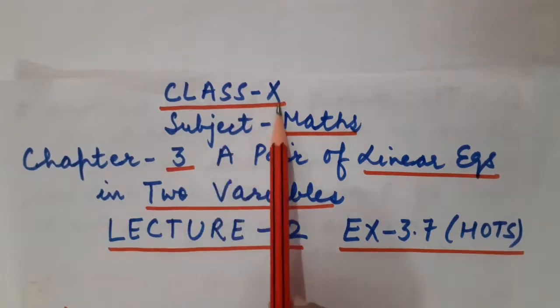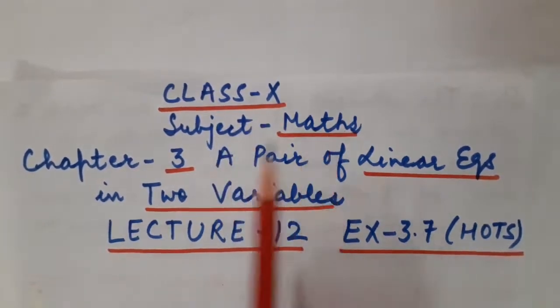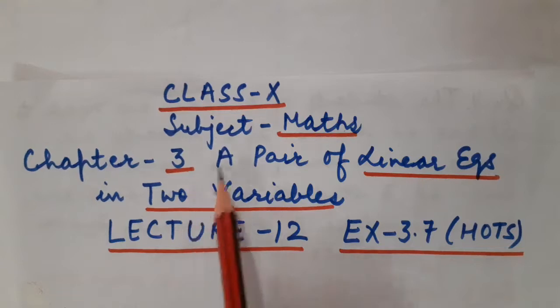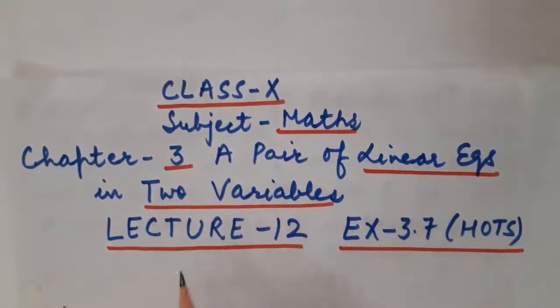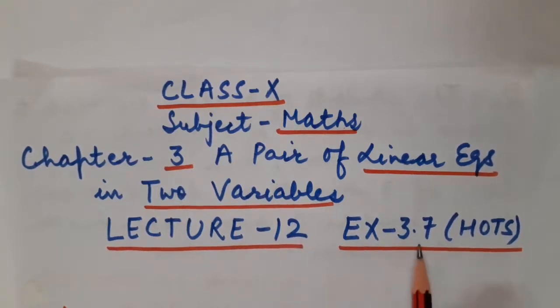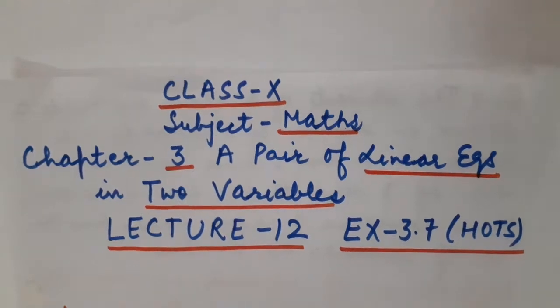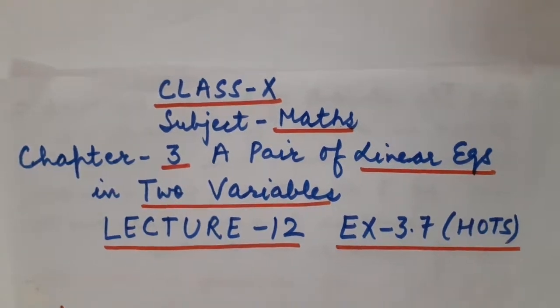This is class 10th, subject mathematics, chapter number 3, a pair of linear equations in two variables, lecture number 12, exercise 3.7 HOTS. Fine. Children, in previous lecture number 11, I made you understand the concept of reducing a pair of linear equations to another pair of linear equations.